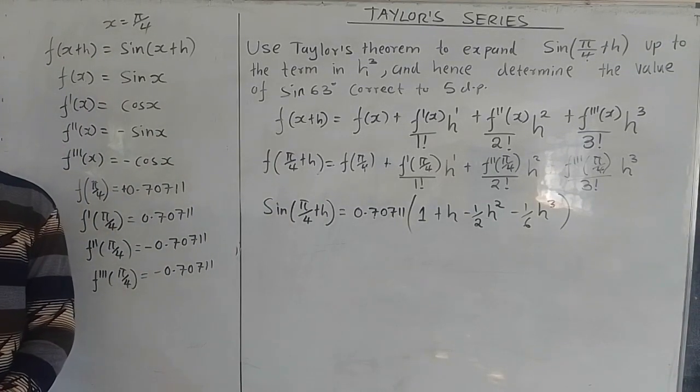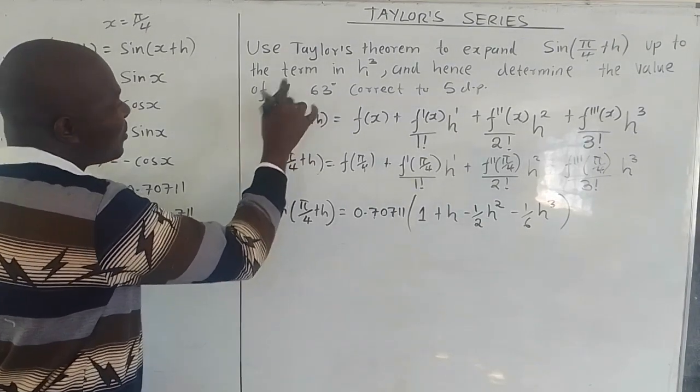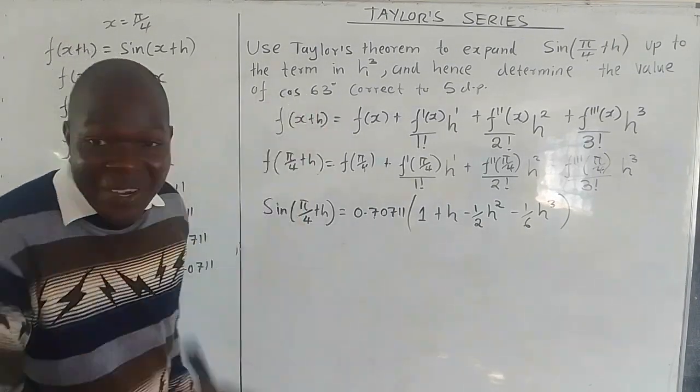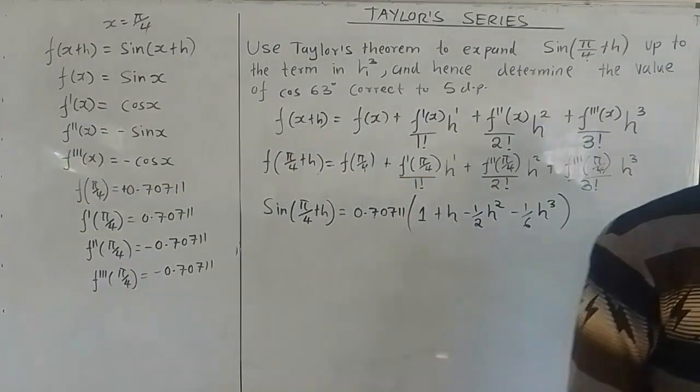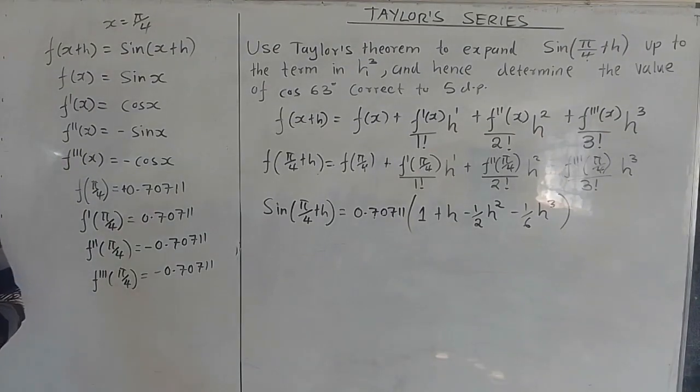Even cos 63 degrees we can evaluate. I want to show you how it is. It is only that this question was tricky. It needs somebody who understands trigonometry. It is correct. It is not wrong. It is very correct if you are somebody who understands trigonometry.